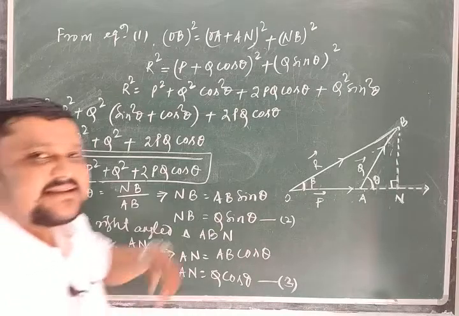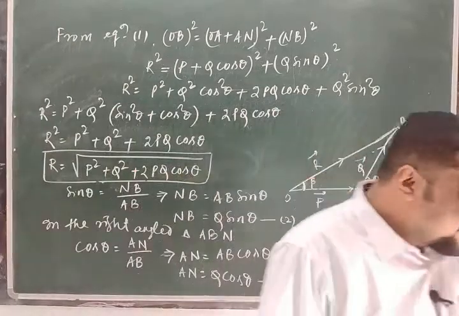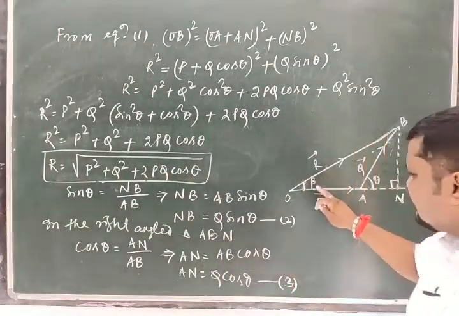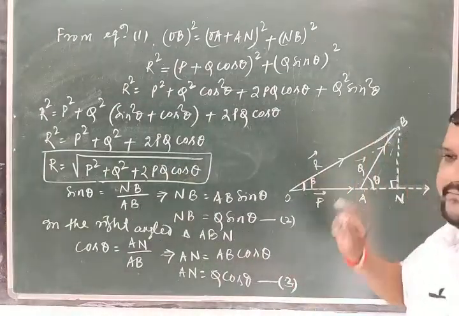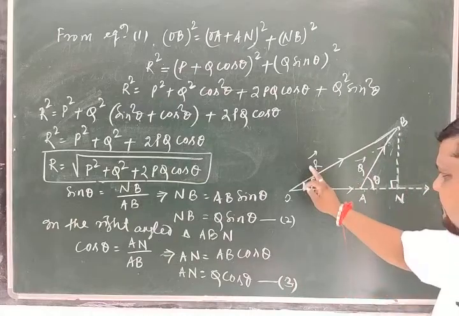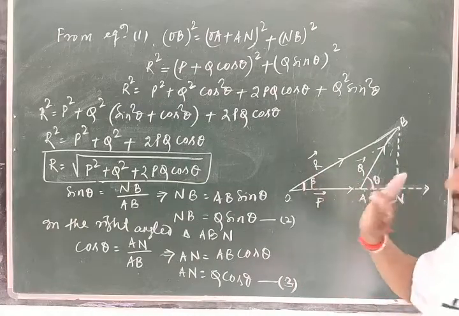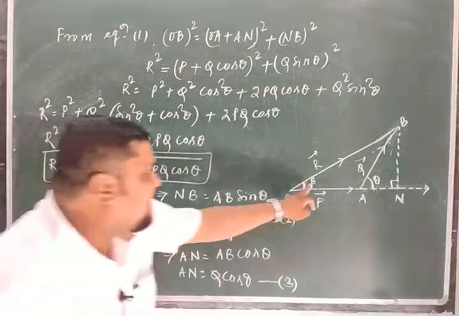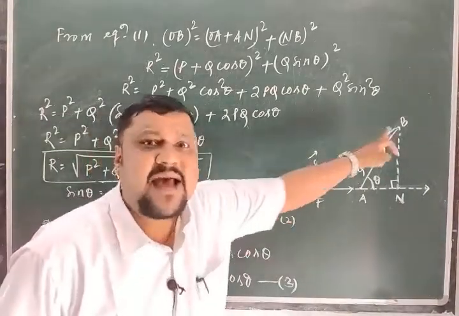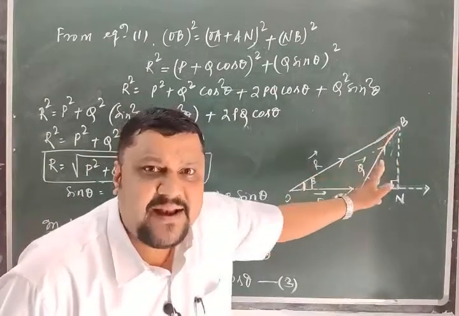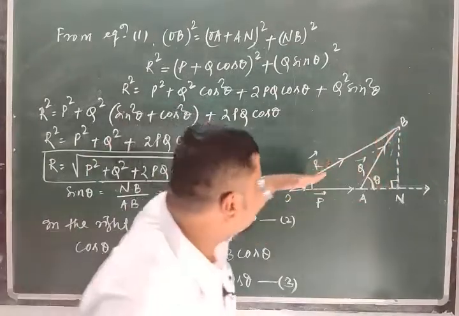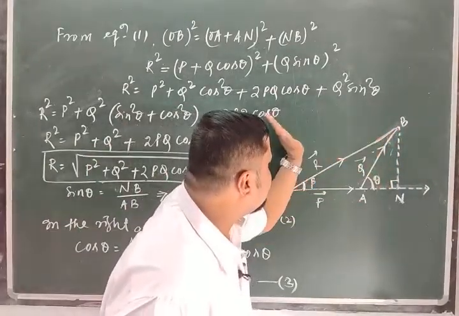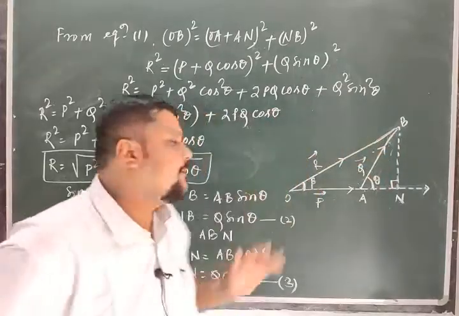The second part means the direction of R. Now here already you have taken that R makes an angle beta with P. Right? So beta. If I know this beta, then I can say in what direction this R will be. Is it this direction or this direction or this direction or this direction? I can know that.